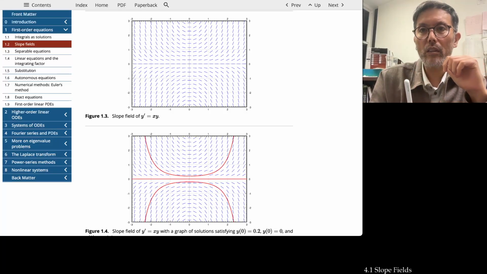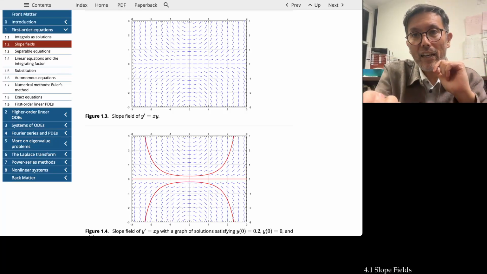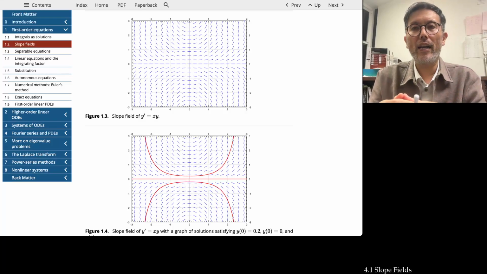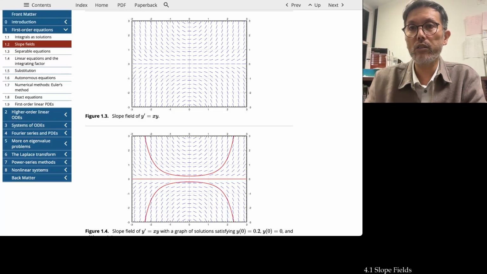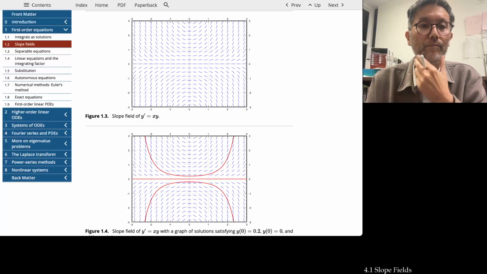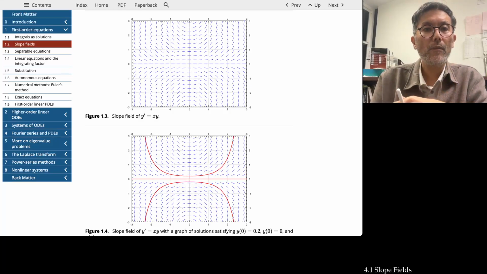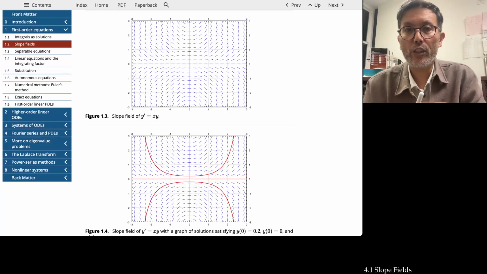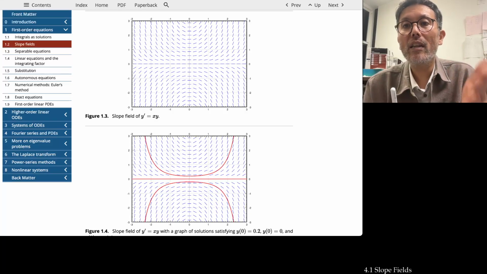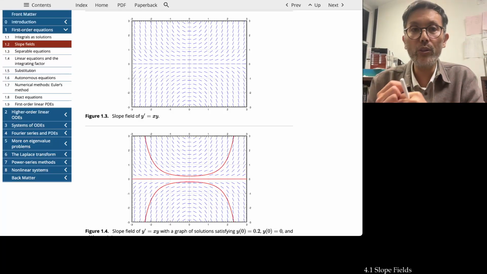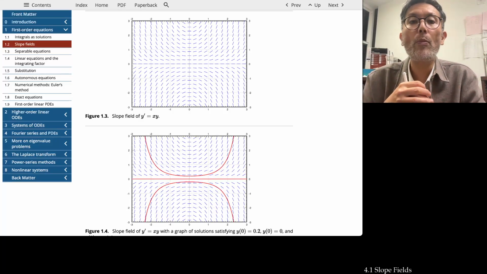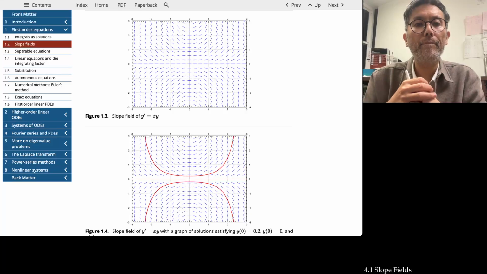And similarly, if you look along the x-axis, you can see that, again, the slopes of all of those little line segments are 0. Down in the lower picture, in red, you can see integral curves to this slope field. Those represent particular solutions to the differential equation y prime equals xy.